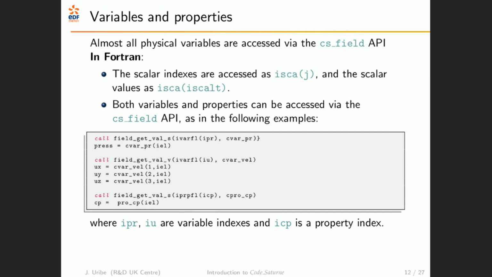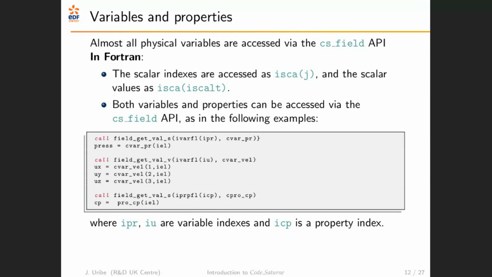Here you see a first call to field get value of a scalar. You have to differentiate between vectors and scalars in code Saturn. You call this function, and IPR tells it that you want the pressure, which is then stored in this array, the pressure array.